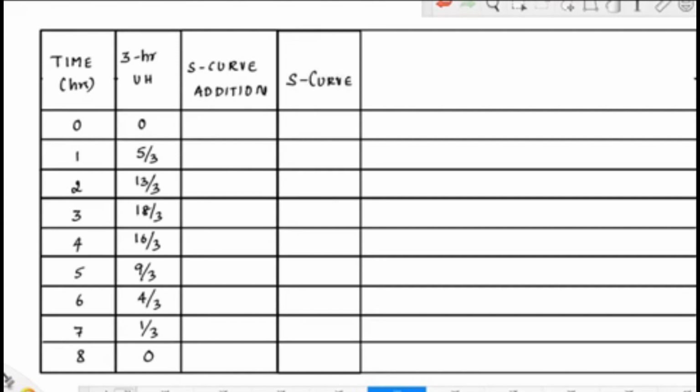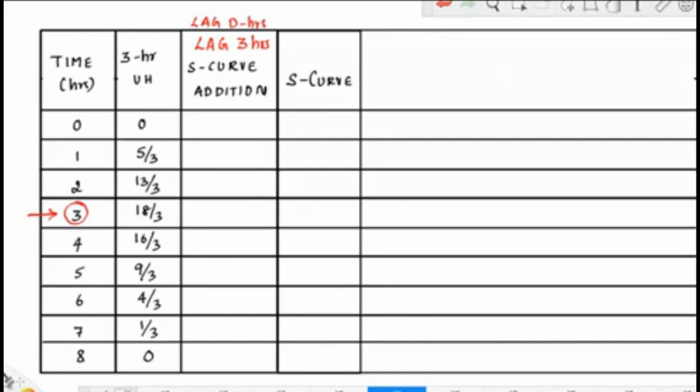Now for S curve addition, you have to provide a lag. As a 3-hour unit hydrograph is given, you have to provide a lag of 3 hours, lag D hours. Lag 3 hours means you have to start from 3.